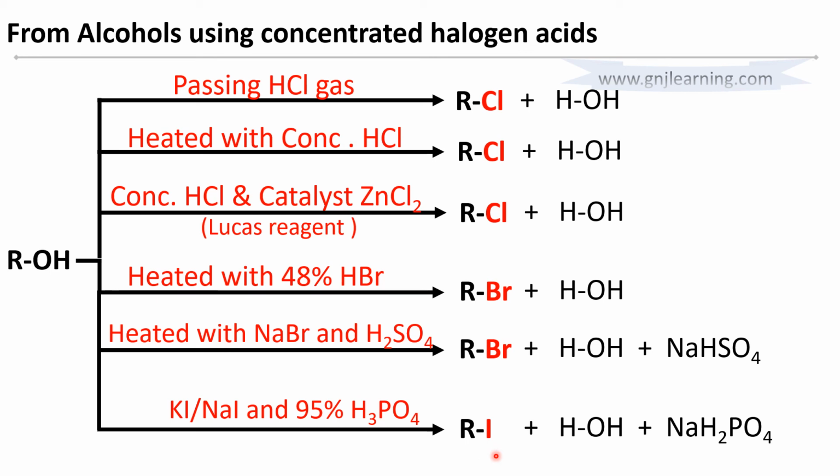But we can synthesize fluoroalkane from either bromoalkane or chloroalkane. So I cannot do it directly from alcohols, but I can do it indirectly. How? From alcohols, first I synthesize either chloroalkane or bromoalkane, and from that I can synthesize fluoroalkane. That is called halogen exchange. That also we will study among the synthesis of haloalkanes.